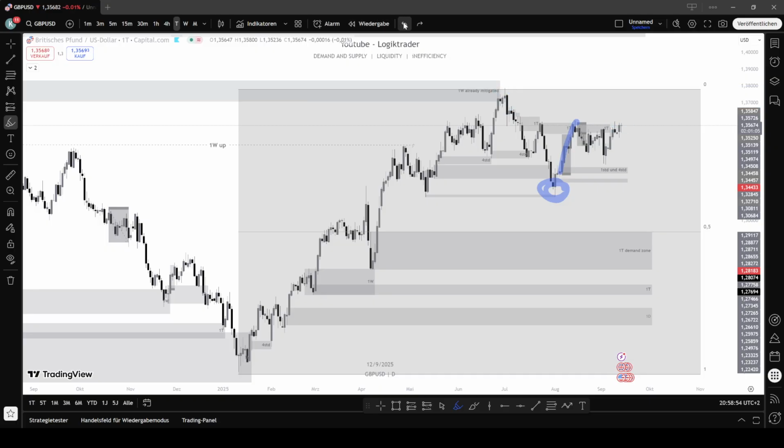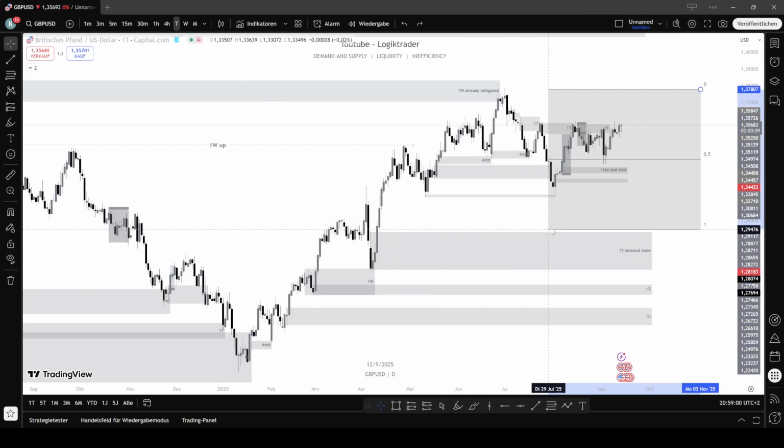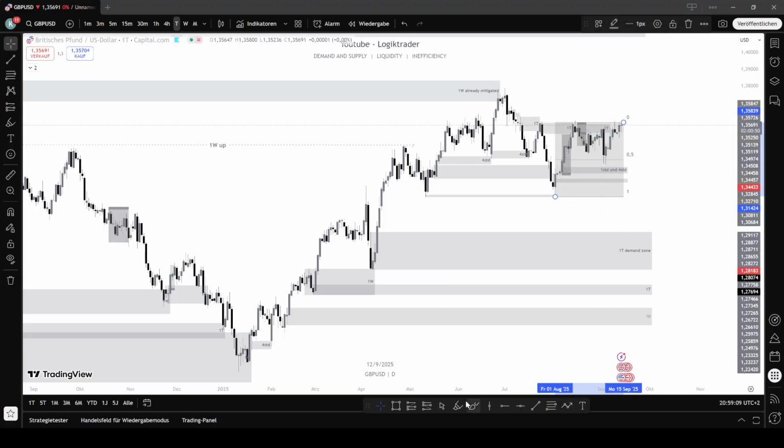Now based on that knowledge, what do we do? It's very simple. We shift our tool from the left up to this point. Now there's a possibility here. You can either focus on this most recent high, or you focus on the highest point in time. Why?